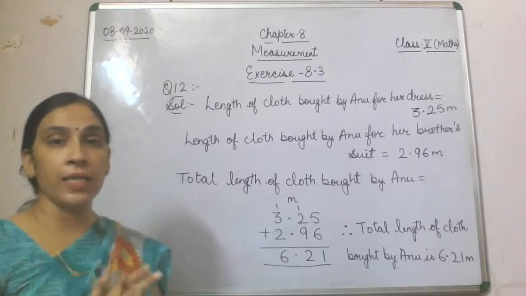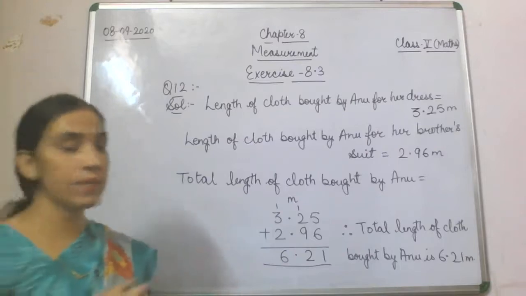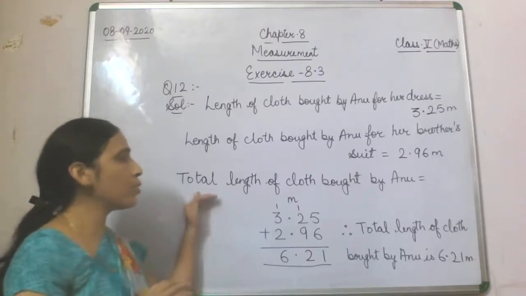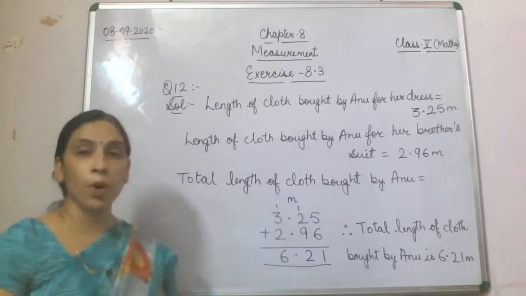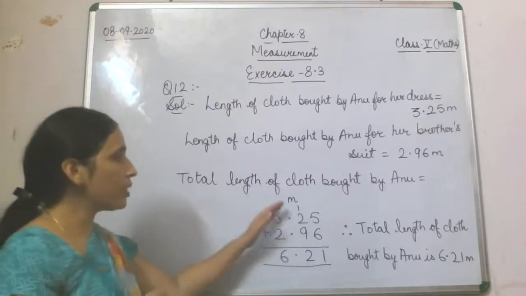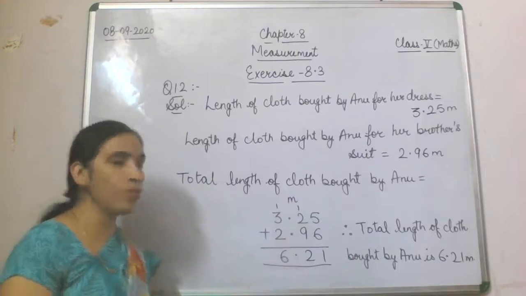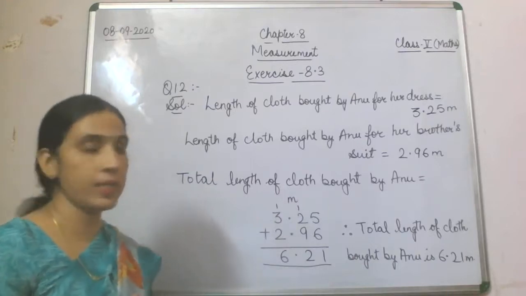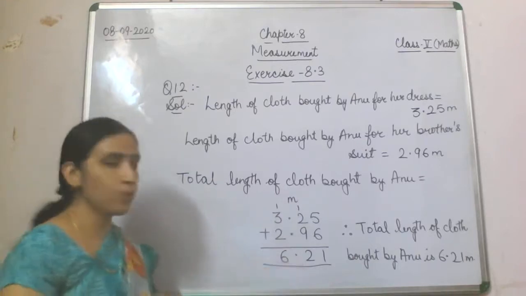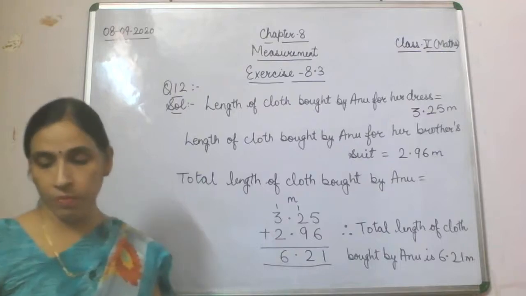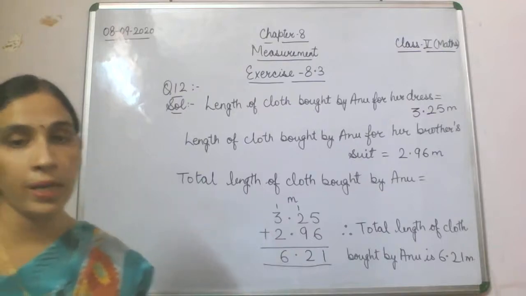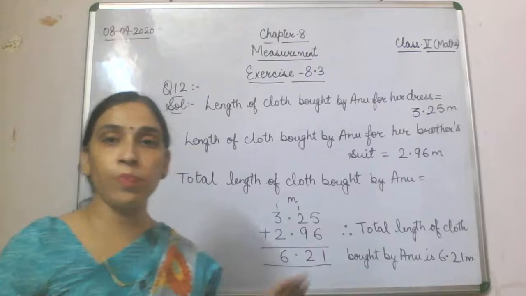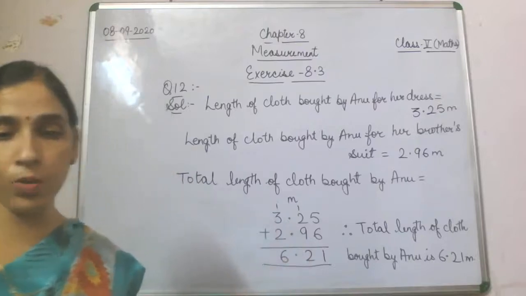Now what next? Total length has been asked in this question. So you will write total length of cloth bought by Anu. So what we will do in this, that 3.25 plus 2.96. What is the total here? 6.21 meter. So I hope there is no doubt in this question number 12.